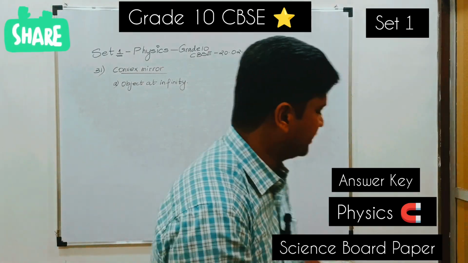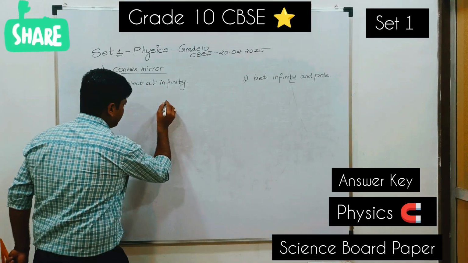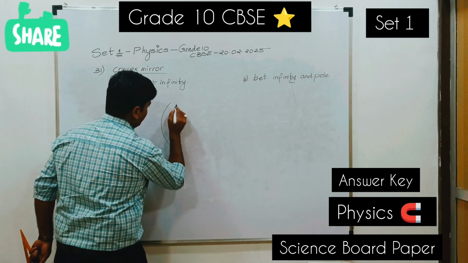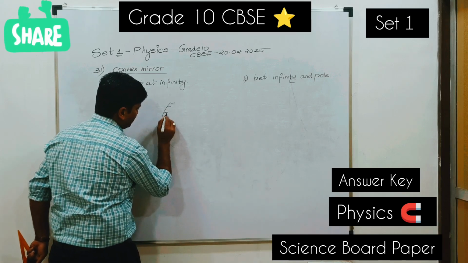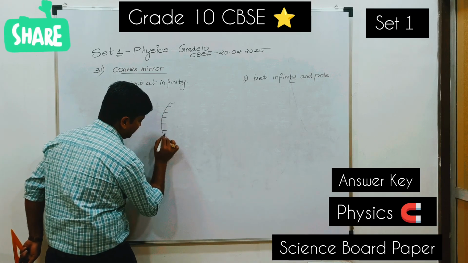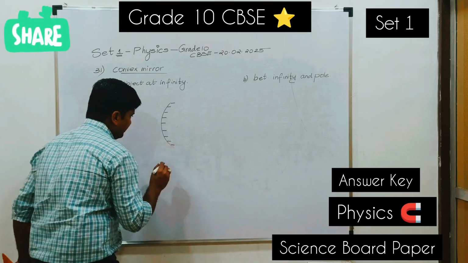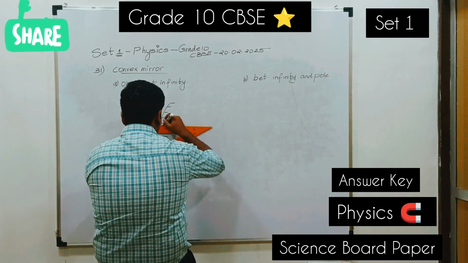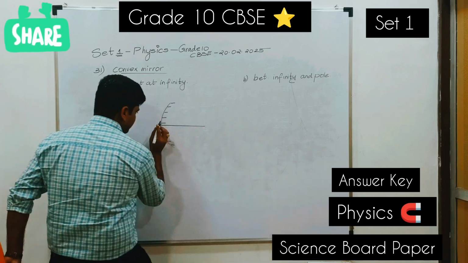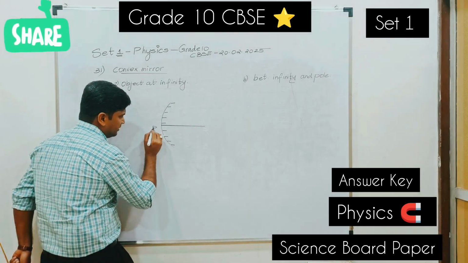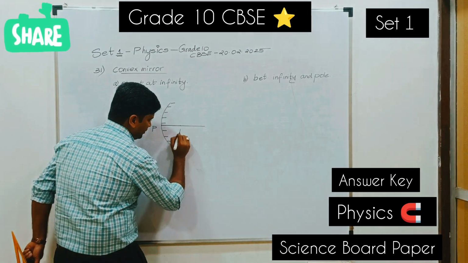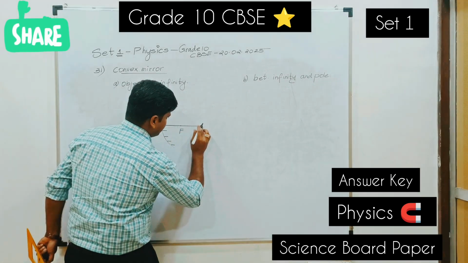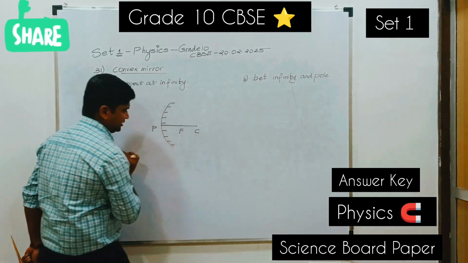For the convex mirror I will draw it from this end and polish it from inside. Now I'll quickly highlight this for you. I'll take this as the pole of the mirror, this as the focus of the mirror, and this curvature point as the center of curvature.